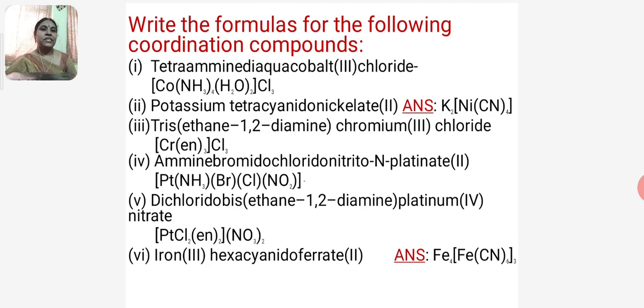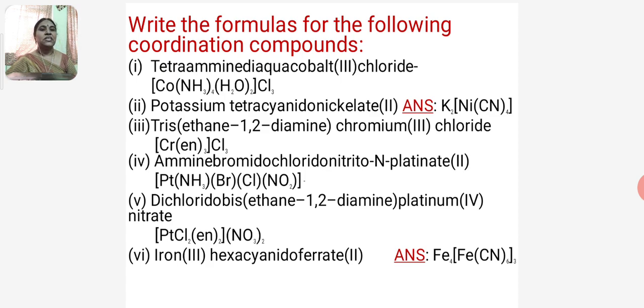First, we will take tetraamminediaquacobalt(III) chloride. In this complex, the central metal ion is cobalt. So, we will begin the formula by writing Co inside the parentheses, followed by the ligands present. There are 2 types of ligands present, ammine and aqua.